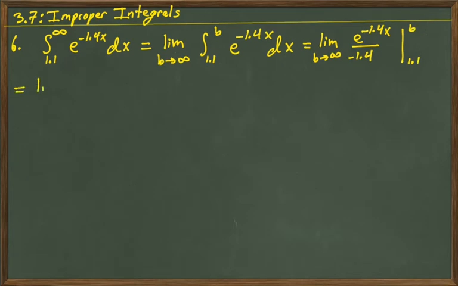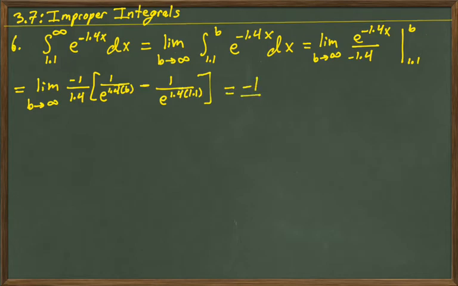This is equal to the limit as b goes to infinity. We'll factor out the negative 1 over 1.4, and then that's going to be 1 over e to the 1.4x, and we'll go ahead and put in the b, so it's going to be 1 over e to the 1.4 times b minus 1 over e to the 1.4 times 1.1.